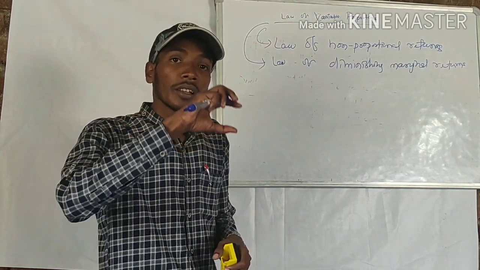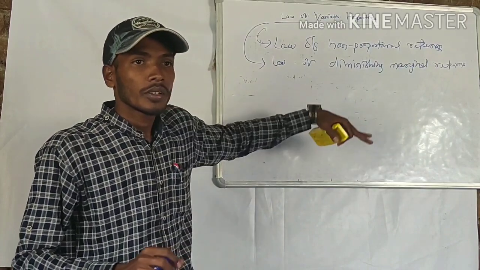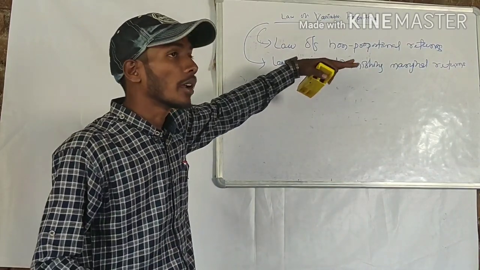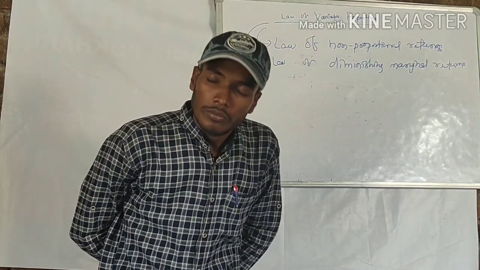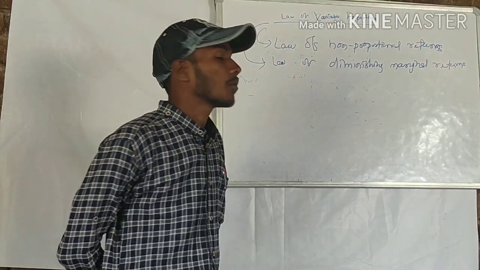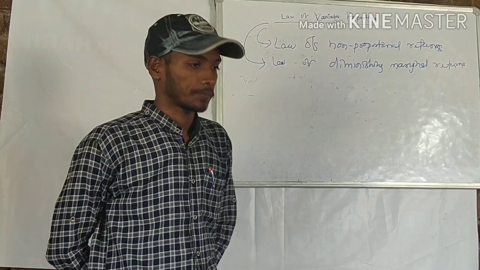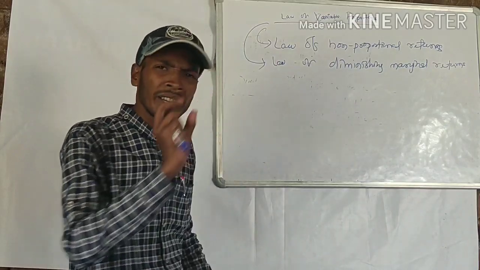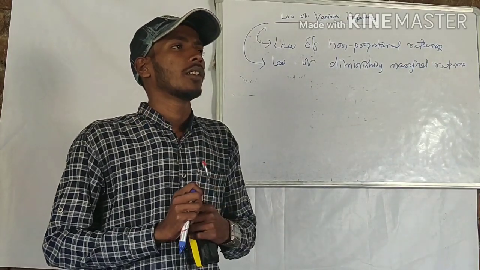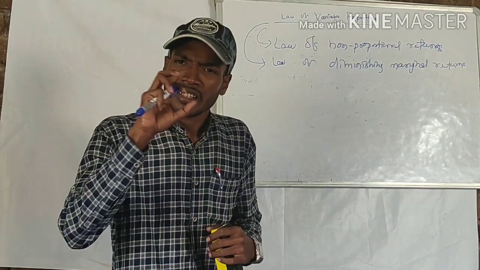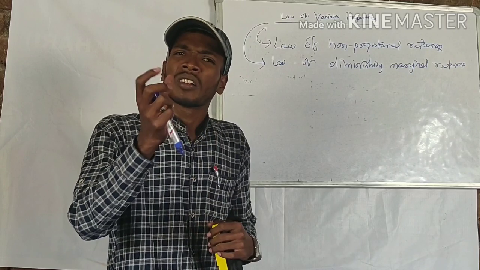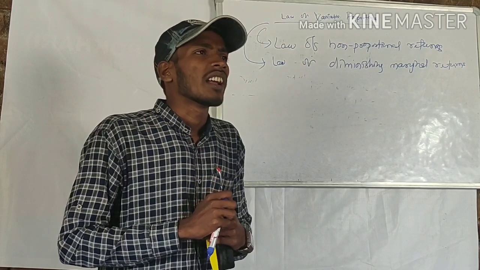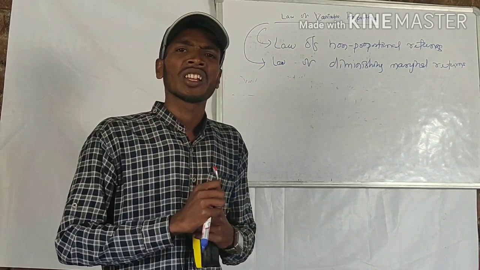We may say that this law was developed by John Robinson. The law of diminishing returns was used by the Marshallian theory of production and the Ricardian theory of rent.